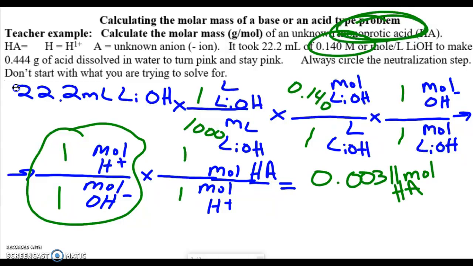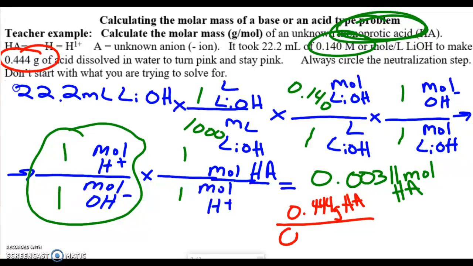It wants to know molar mass, which is grams per mole. In the problem, it gives us our grams right here. So my last step is to take 0.444 grams of HA, divide that by what I just calculated, 0.00311 moles of HA.